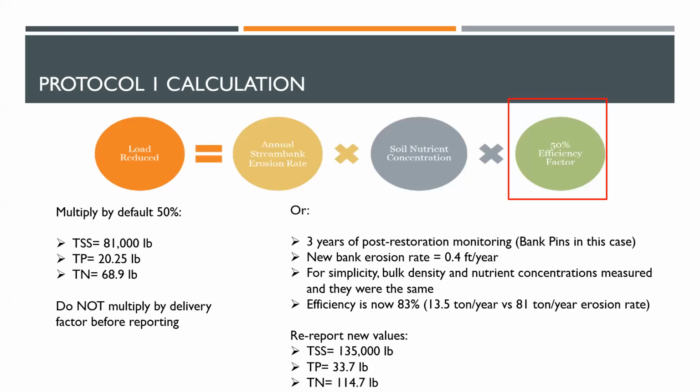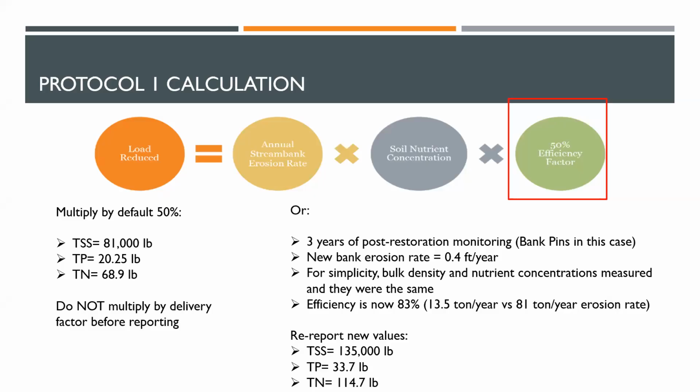Alternatively, you can report that now, and then you can decide to do site-specific, long-term monitoring of your restoration. The recommendation of the panel is that you would have 3 years of post-restoration monitoring using the same approach that you used in your pre-restoration monitoring, so bank pins in this case. You find that your new bank erosion rate is only 0.4 of a foot per year.